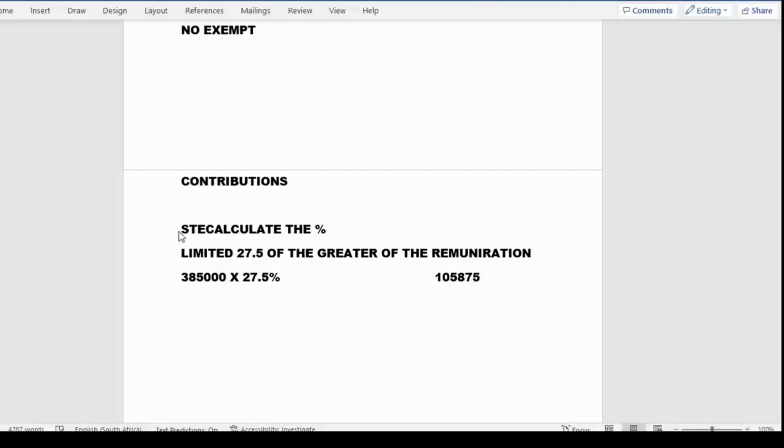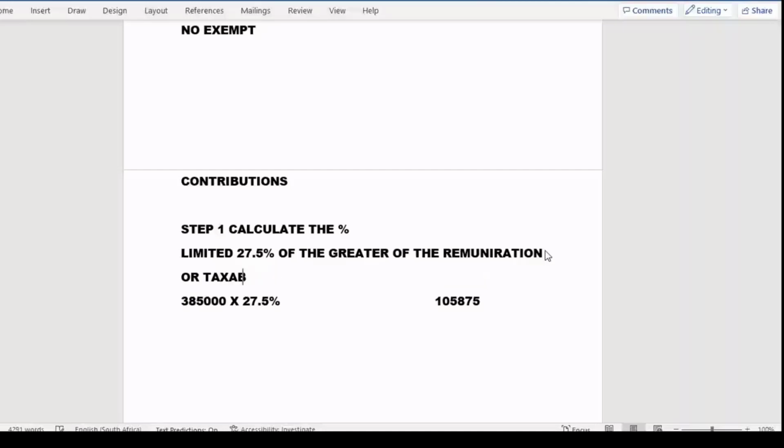Calculate the percentage limit, which is 27.5% of the greater of the remuneration or taxable income, which is the same amount.